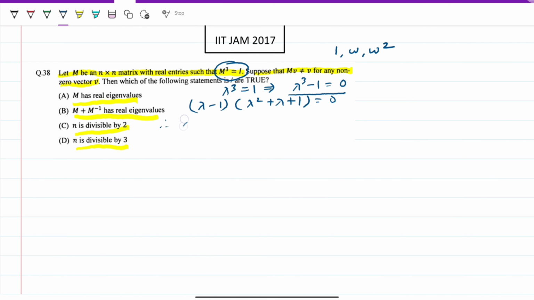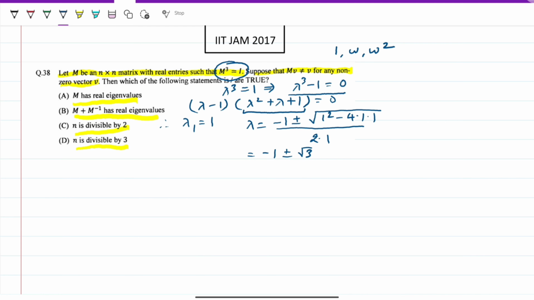Therefore we have one solution as 1, and for the quadratic factor we are going to use the formula method. So we have lambda equal to negative 1 plus minus square root of 1 square minus 4 into 1, over 2 times 1. This gives us negative 1 plus minus square root of 3i over 2. And as you can see, these roots are complex conjugates.